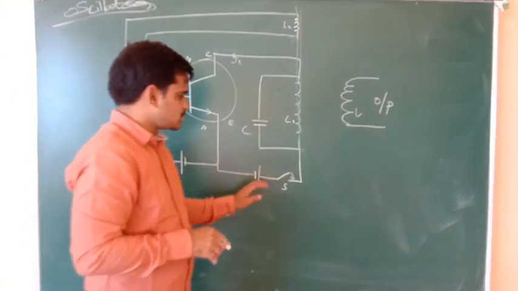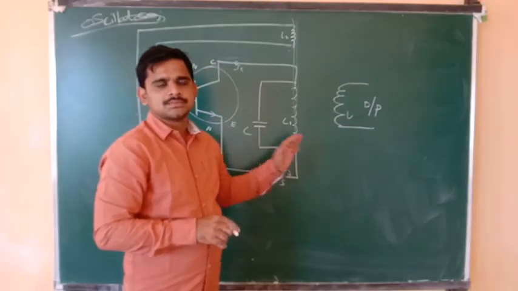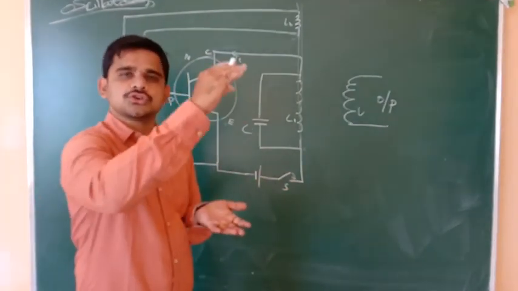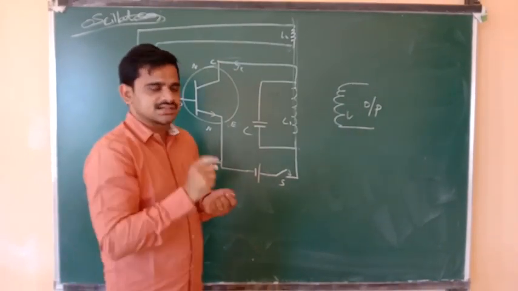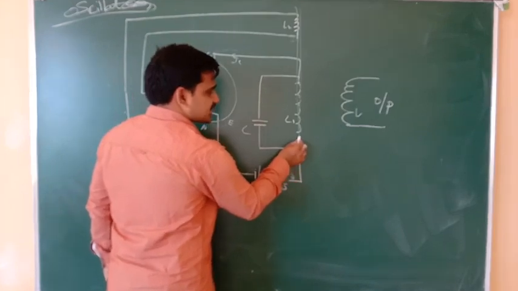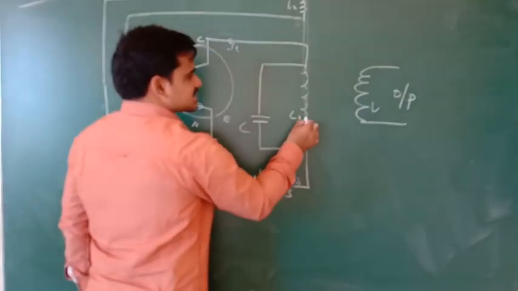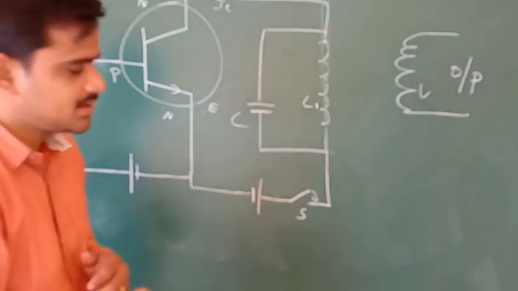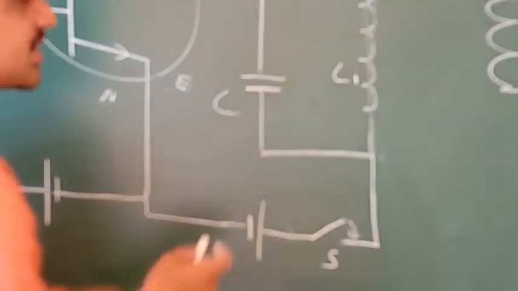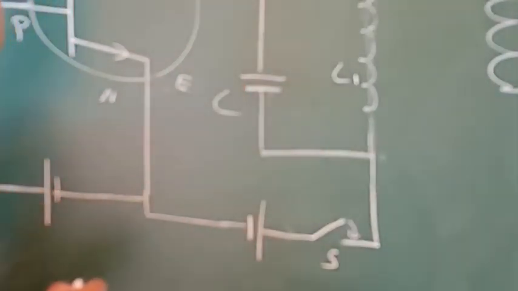When the switch is closed, the current starts flowing here, which means the current has to increase from 0 to some value I. As this current passes through, the capacitor will get charged, meaning this plate becomes positive and this plate becomes negative.